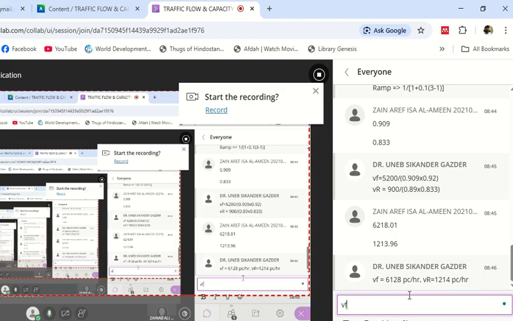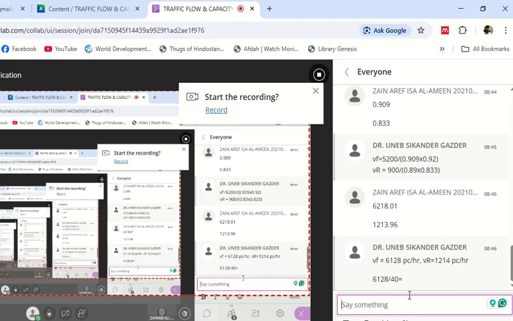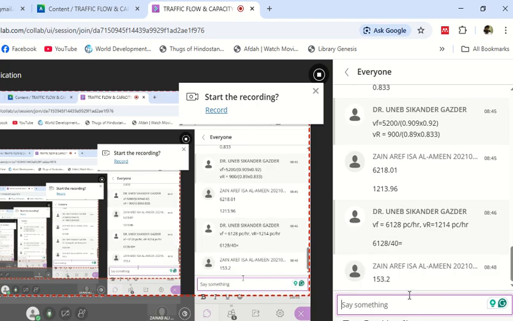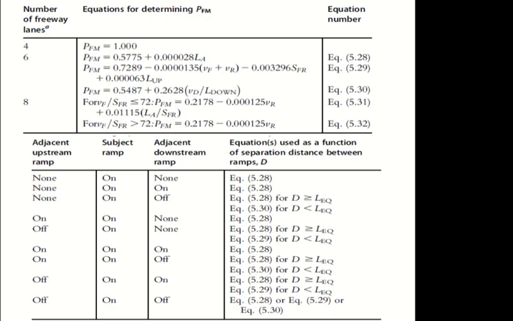So how much is Vf upon SFR? Okay, so we will use this equation.